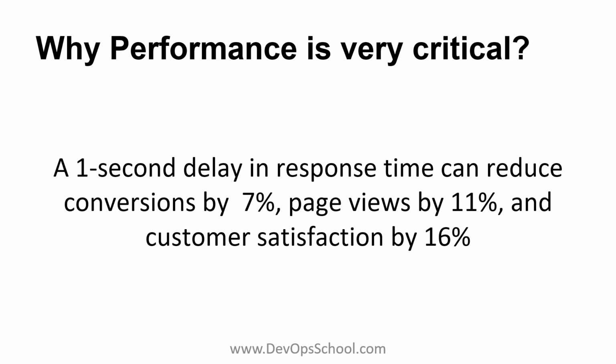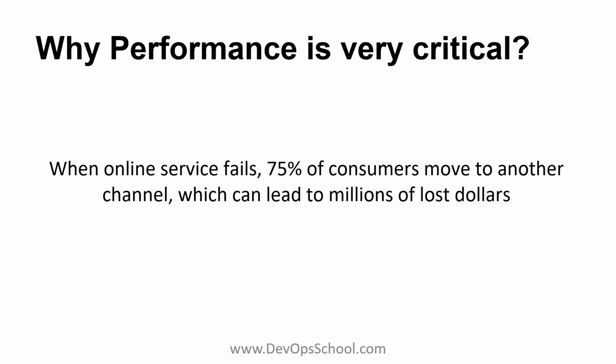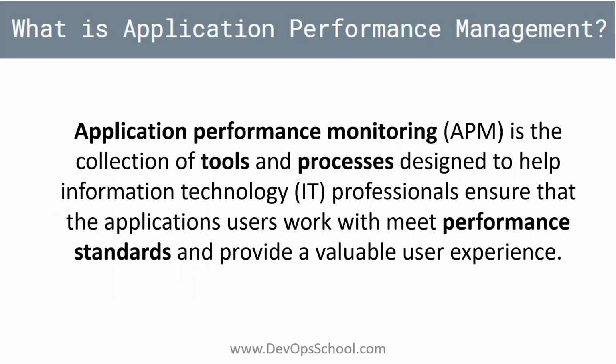Now, why is performance very critical? I think overall you know that. If the performance of the website is not good, then usually you change the vendor, change the website and stuff like that. So these are some of the very important metrics you have on my screen. This is a very critical decision to make. So what is APM then?